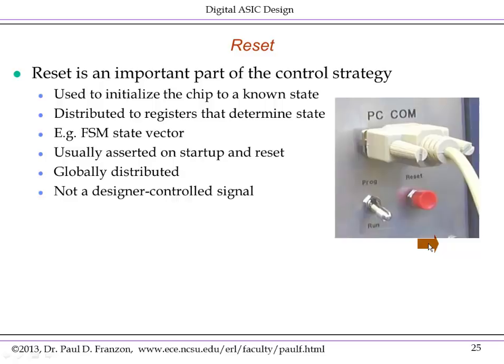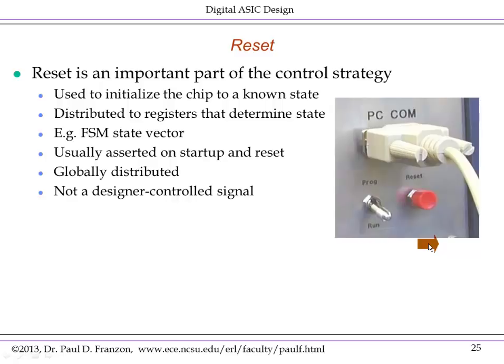This happens just before reaching the full swing of the supply voltage. The reset might take quite a while to actually distribute and execute. It tends to be a slow signal. It doesn't need to be synchronized with the clock, especially. And a few cycles later, by the time the machine most probably has reached the full power supply, you've now set the machine into a known state.